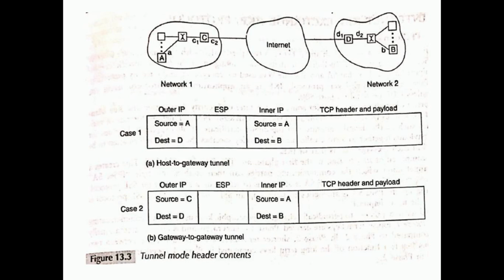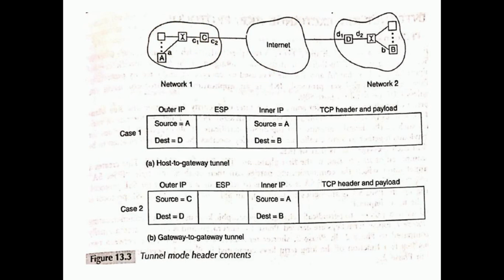Then gateway to gateway tunnel. The gateway C is responsible for providing authentication and encryption service to all outgoing traffic destined to hosts in network 2.